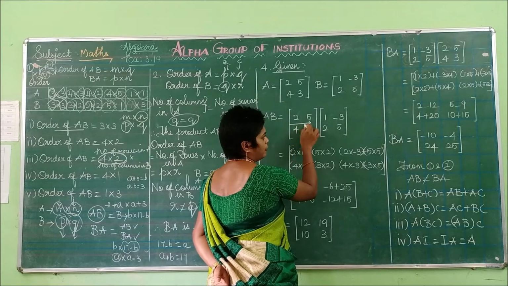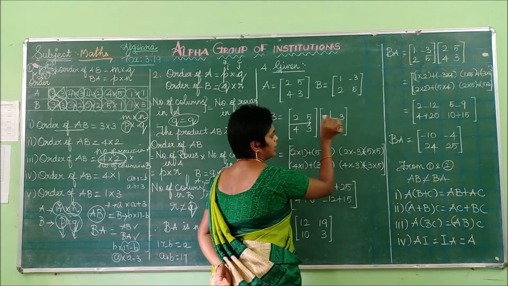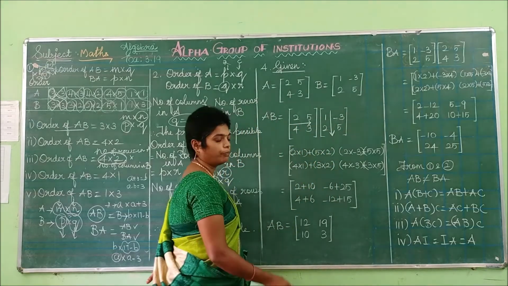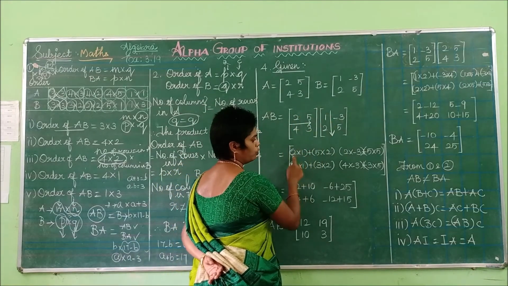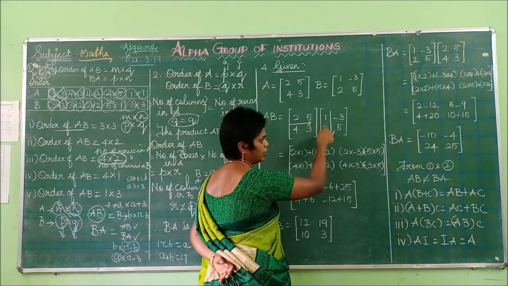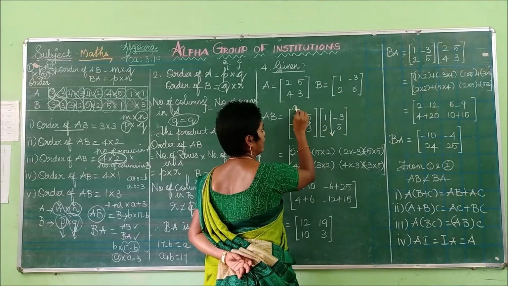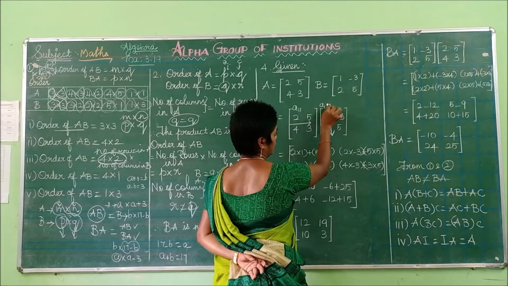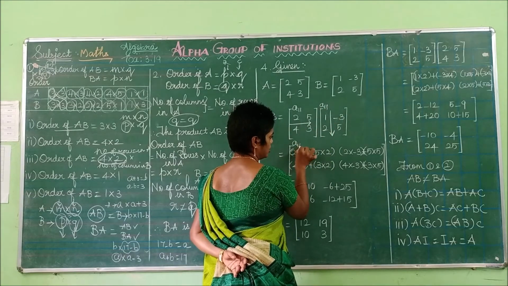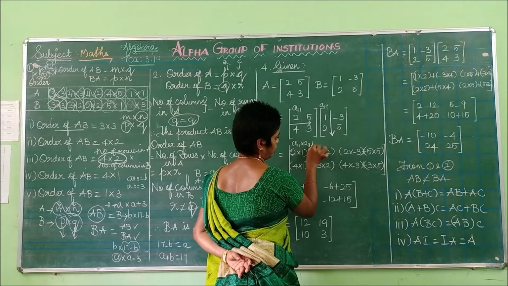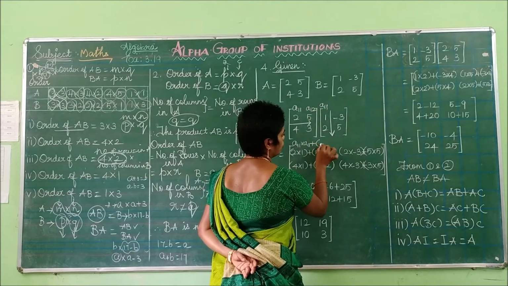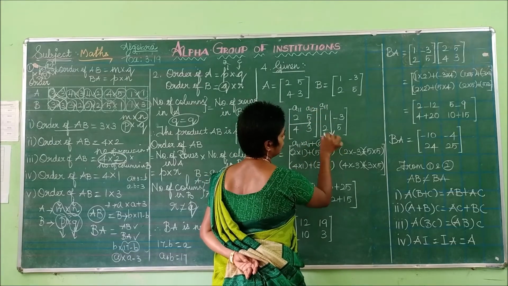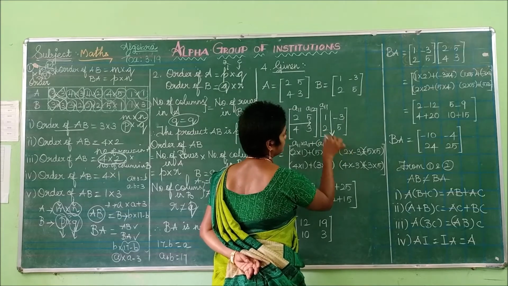So you can take the first row and multiply it with the first column of B. So listen, 2 into 1 plus 5 into 2, that means a11 into b11 plus, this is a12 into b21.